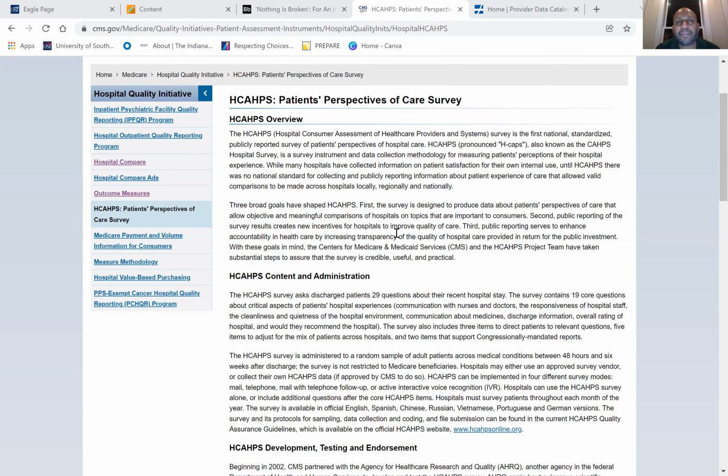And yet physicians are measured on how many of their patients who smoke stop or say they're going to stop.